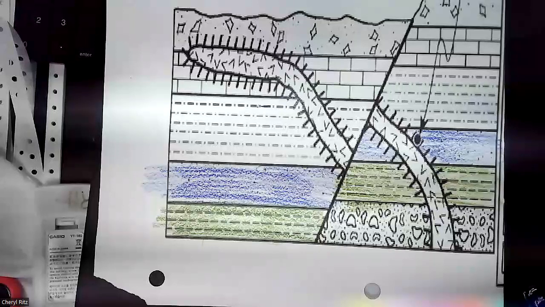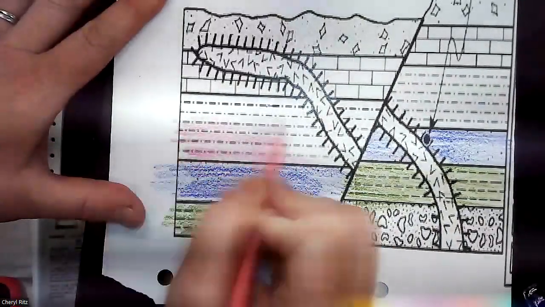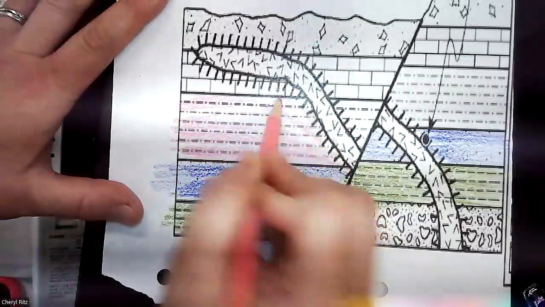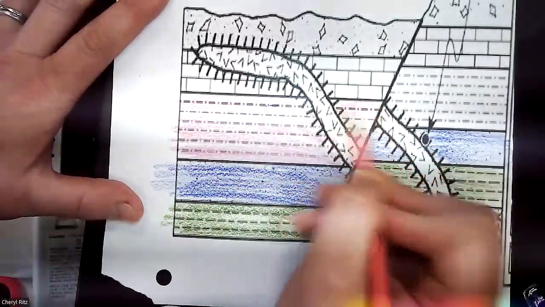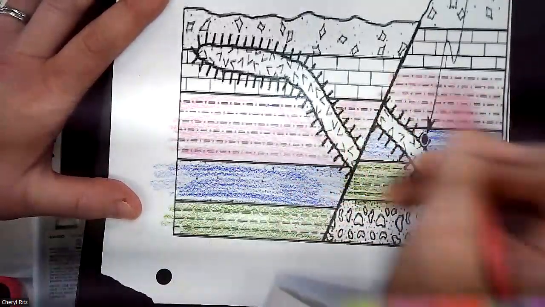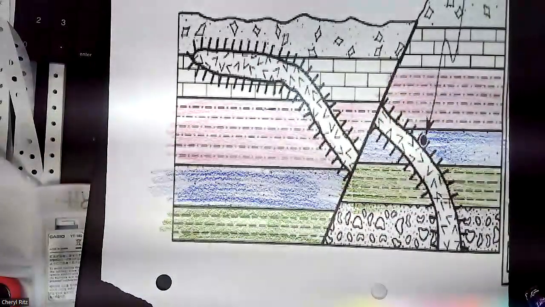And I think you probably get the point. You can just keep going. So even though these layers aren't lining up perfectly, what I want you to realize is that the layers of shale, they're the same age. The layers of sandstone, they're the same age.